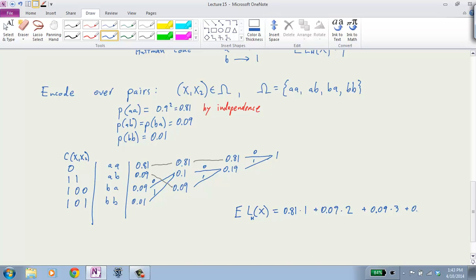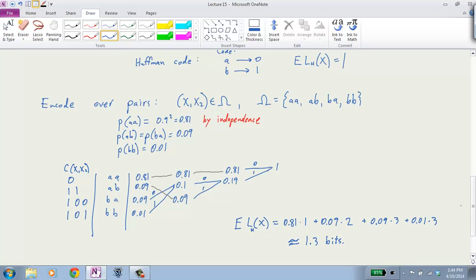When we add this together, we get approximately 1.3 bits. It's the average length. Is this good?